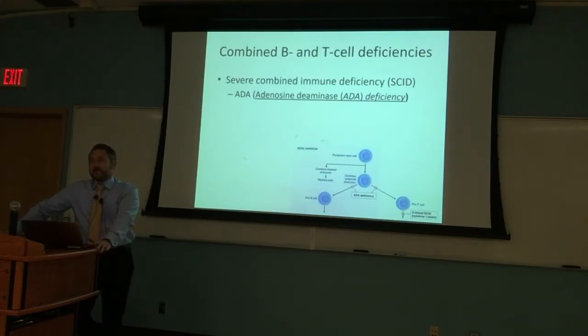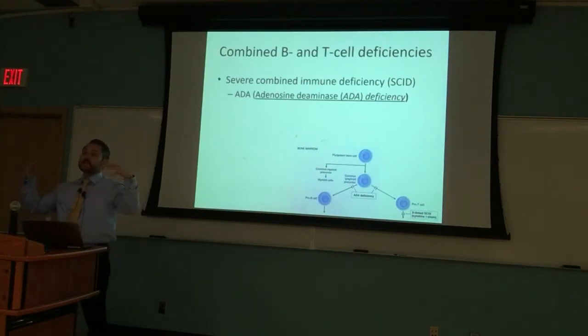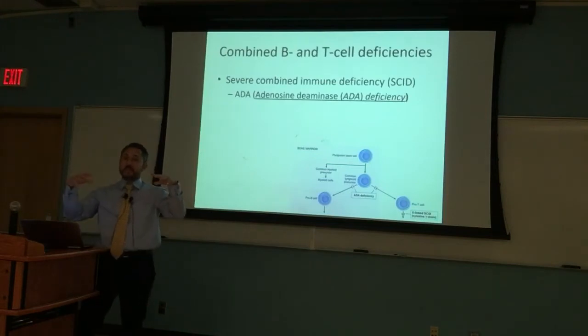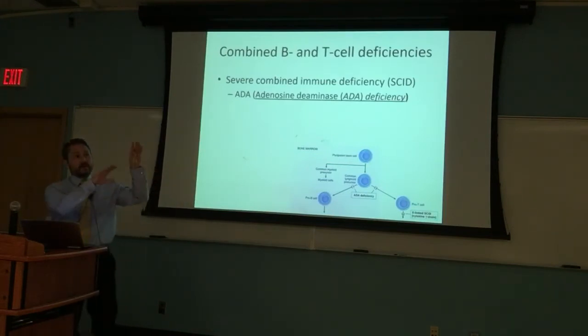David Vetter became very popularized in the media because he had this deficiency. He was a little kid, and they referred to him as, it's going to sound horrible, Bubble Boy because he had to live in a completely contained environment because he had this SCID disorder. He had this ADA deficiency. Okay?